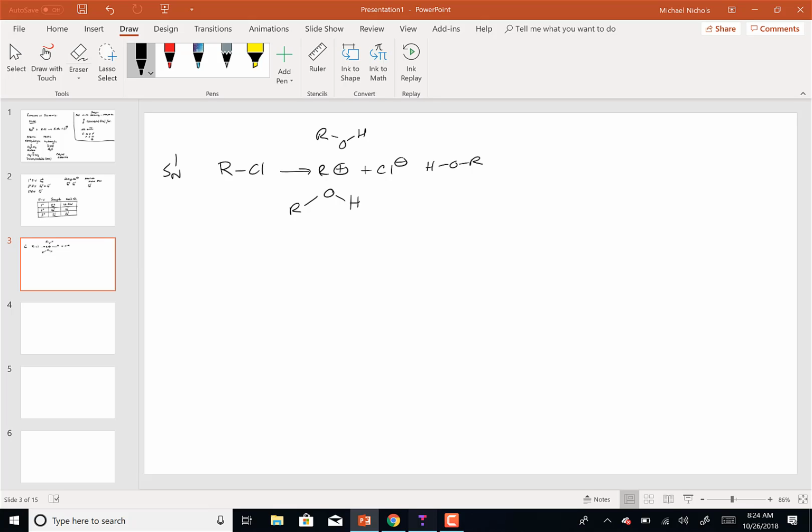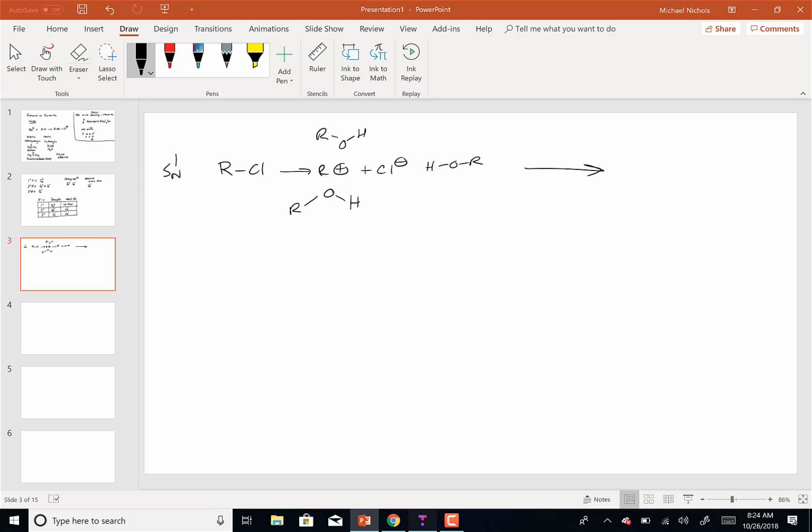So let's think in terms of our big picture principles. My big picture principle is I want to push that reaction to the right. I want to make it occur faster. What should I do to the products? Or what should I do to the intermediates? If I want this reaction to go faster, I should do what to the products or the intermediates, Melanie?